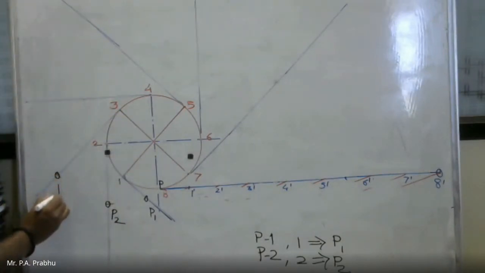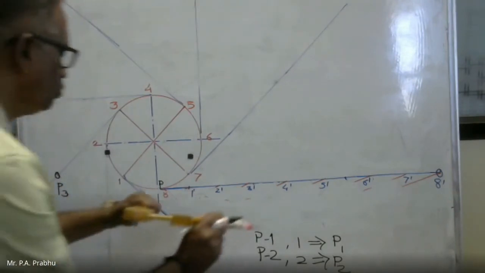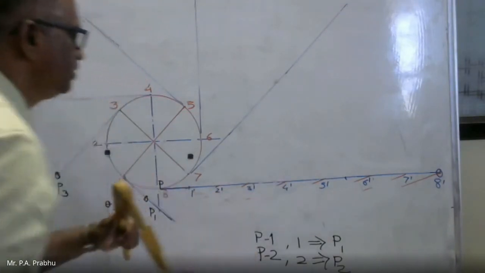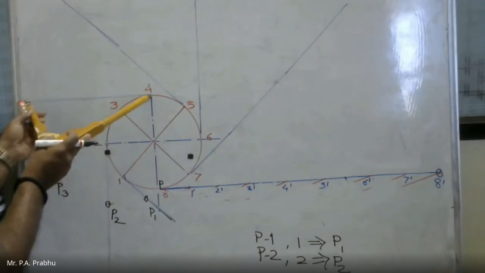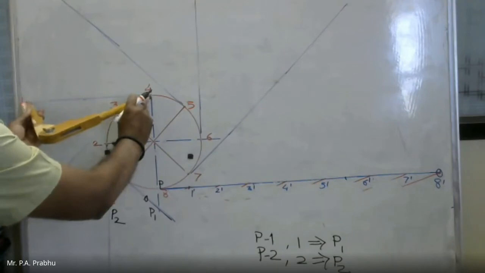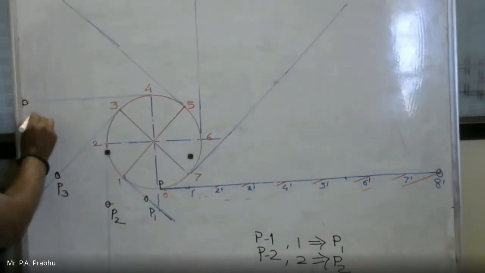So I will mark this point P3. So like this goes on increasing 1 by 1 division. Next P4. So take 4 as a center. So this is the P4.